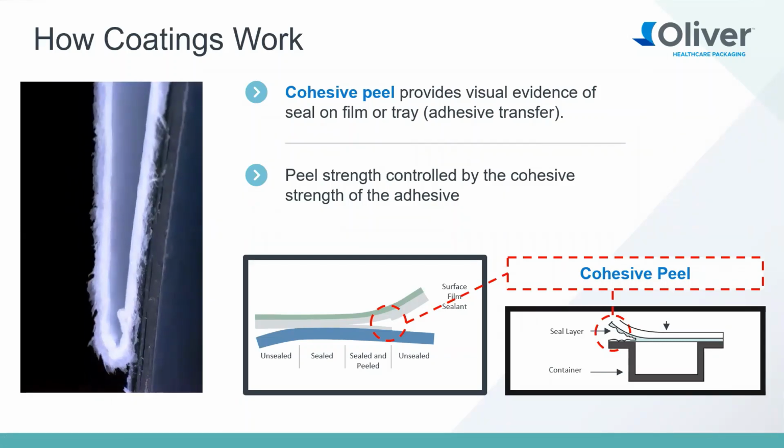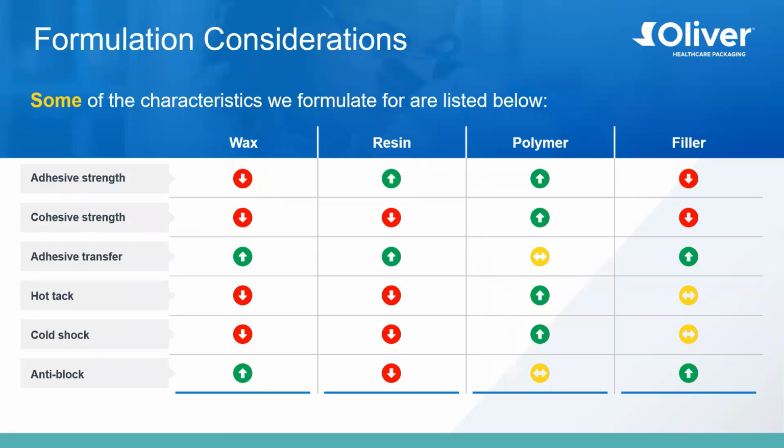Yes, and let's use an example. So as you stated, there are a lot, Oliver alone, 40 formulations. There's other ones out there in industry. So they're not all the same. They're not all formulated the same. And so I'm not going to get into the details of this. This is, as they say, an eye chart, if you will, but some of the characteristics that our formulators are working towards are listed on the left side.